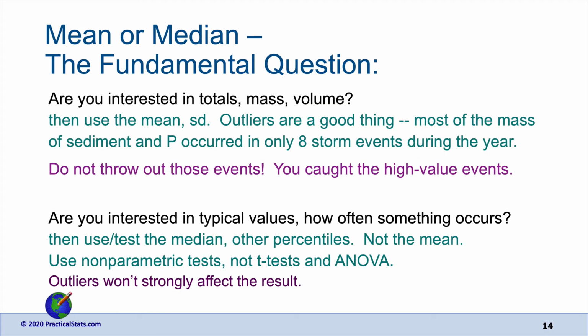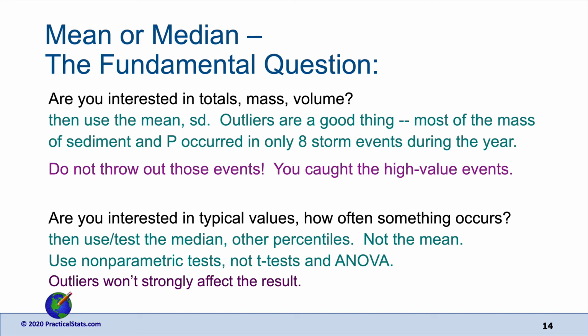So choosing whether you should use the mean or the median, and the tests that go along with that, t-tests and ANOVA for the mean, tests on percentiles for the median, non-parametric tests, is one of the fundamental questions you have to address before you start looking at your data.